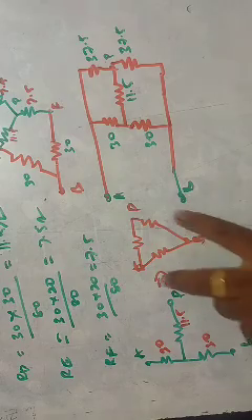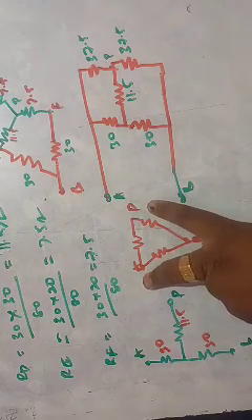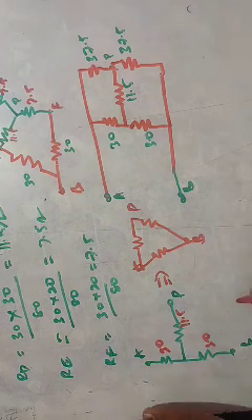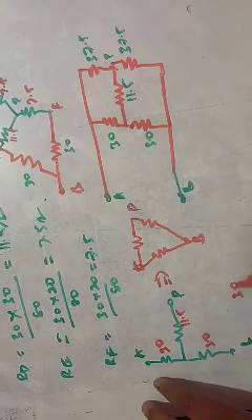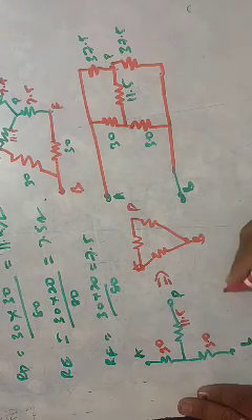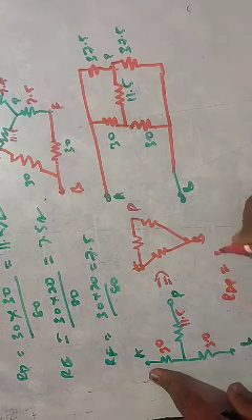If you want to find the resistance RAP, you should take the values of RA and RP, where RA is 30.